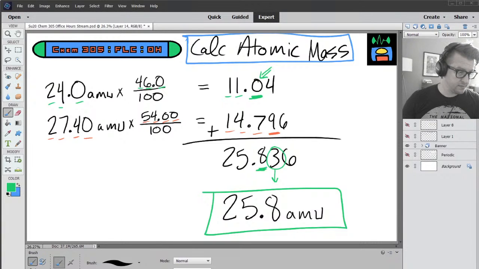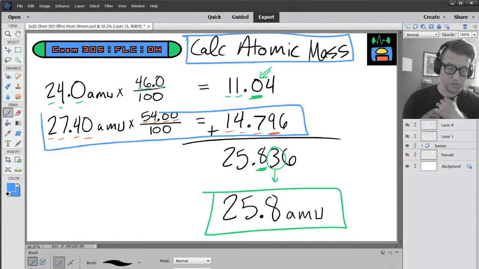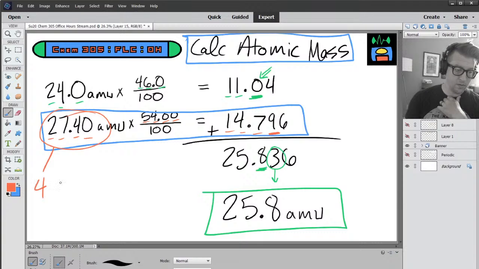Great question. So when you multiply 27.40, you can actually see this right here, you've got 4 sig figs. 54.00 also has 4 sig figs.